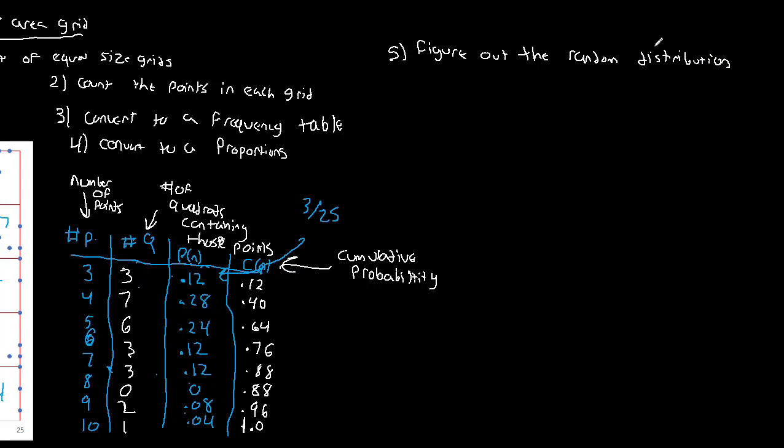To do the random distribution, what we're assuming here is that the random distribution would end up, on average, with the same number of points in each grid cell. So random in this case just means equal numbers in all grid cells.